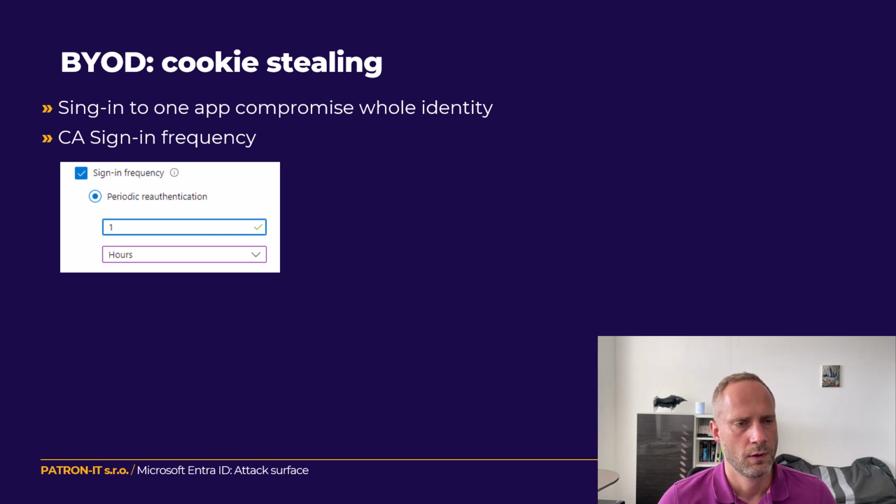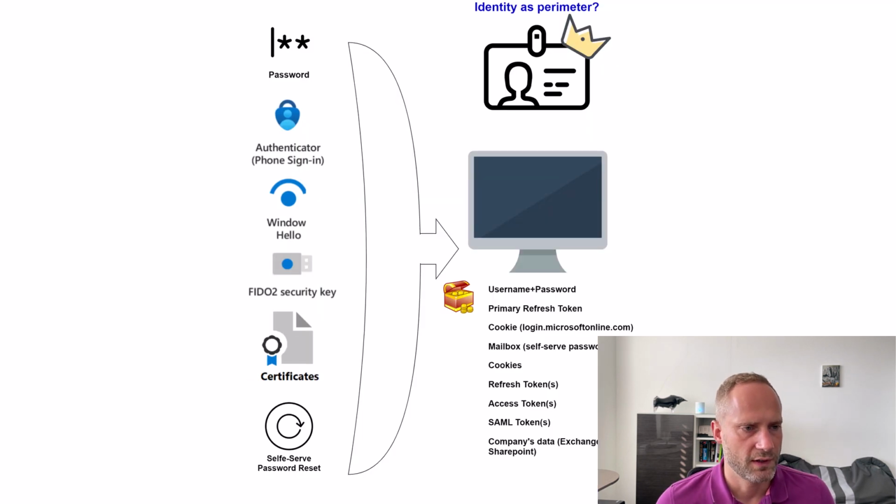So you have already heard it, I believe, that identity is the new perimeter for us. The difference is that with Entra ID, there are different factors you can use to possess or to log in as a user. And if you log in on some computer, on some device, there are some artifacts left on the device.